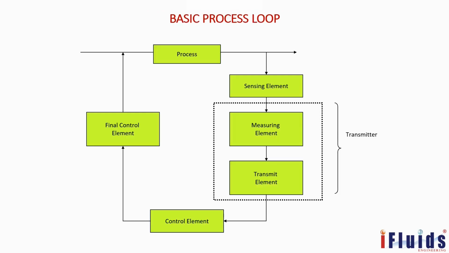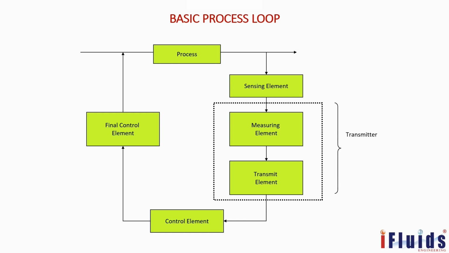That is very important. Now we are going to discuss the basic process loop, which is going to be mentioned in the P&ID. The first block is the process in the line. Then there will be one sensing element, maybe a pressure transmitter or temperature transmitter, RTD or flow sensor, like that only. Then there will be a measuring element and transmitting element.